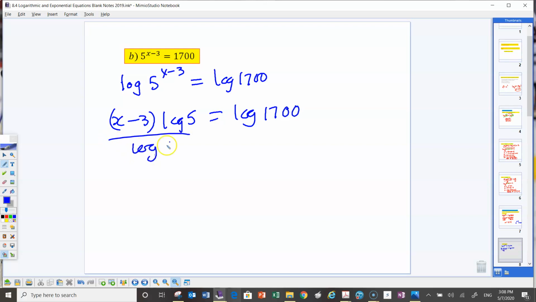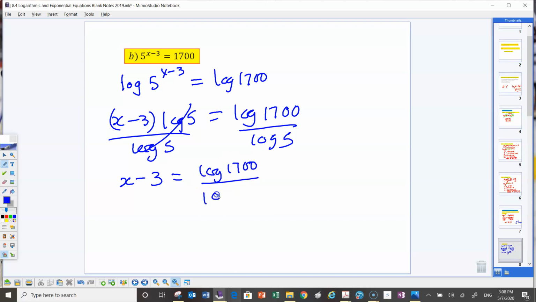Now I can divide both sides by log 5. So I'm left with x minus 3 equals log of 1700 divided by the log of 5. And now I could just add 3 to the right-hand side to get x by itself.